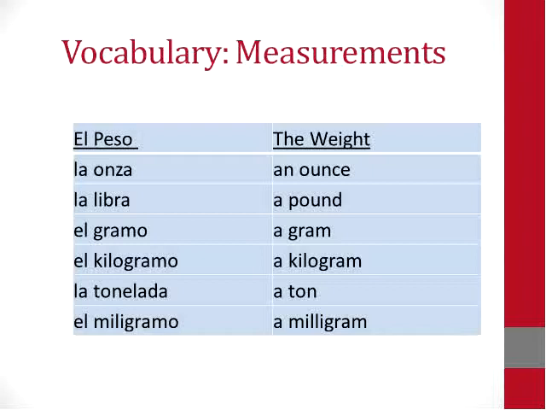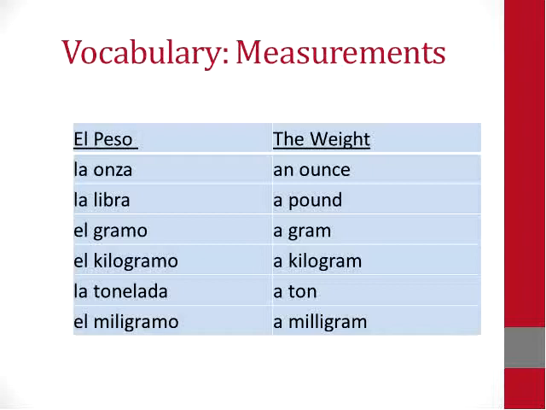Okay, I gave you a sheet with your vocabulary, so you should have it. You guys should repeat after me the Spanish vocabulary, and then you can go over the English as well. So we're going over measurements, which are las medidas. I'm going to stand here so that you can hear me a little bit better. So we have el peso.